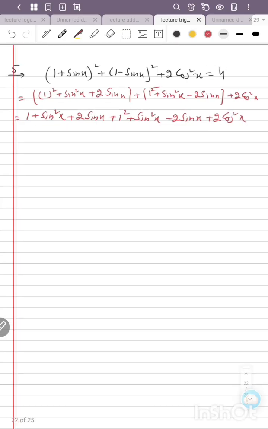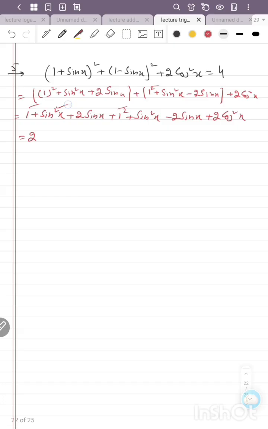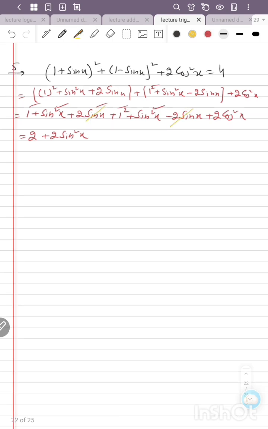Now if we look at this, 1 plus 1 will be 2, sin square x plus sin square x will be 2 sin square x, and 2 sin x minus 2 sin x will cancel with each other. So next is 2 cos square x.